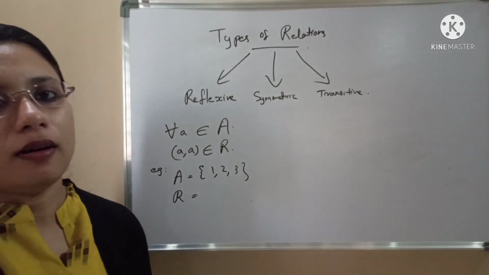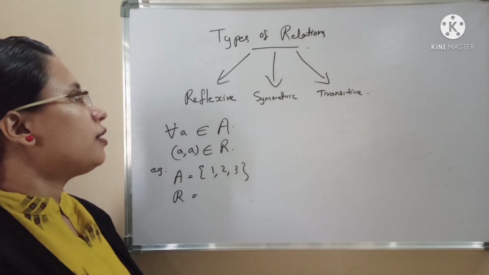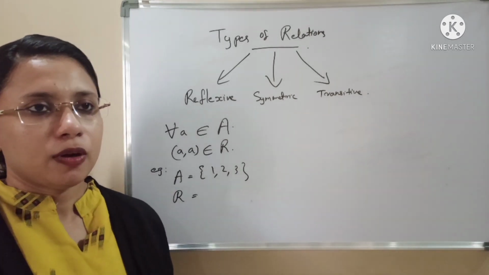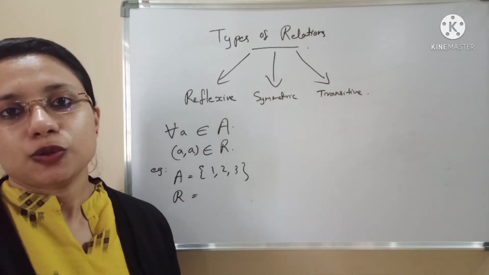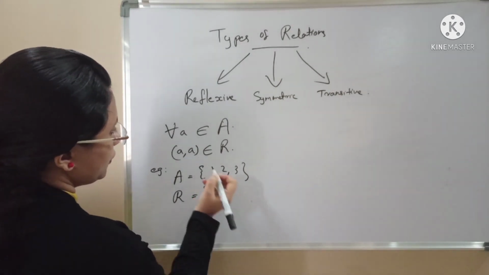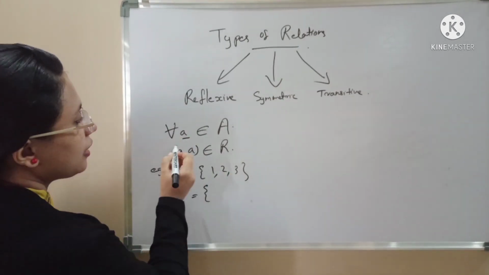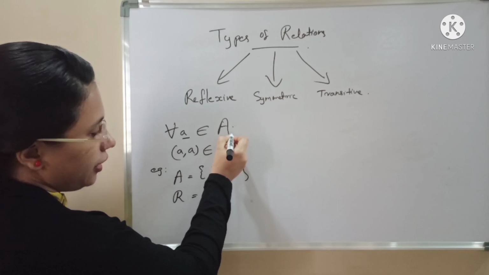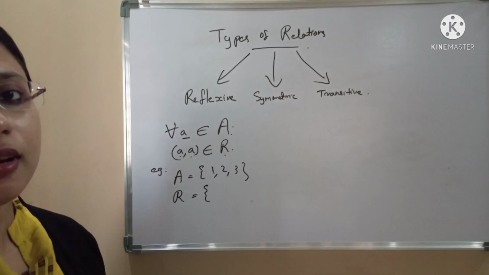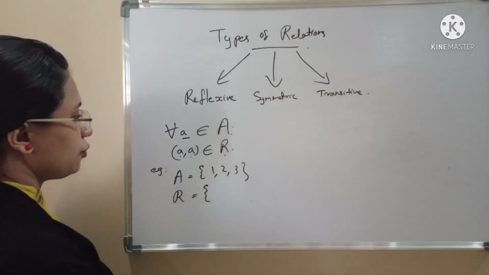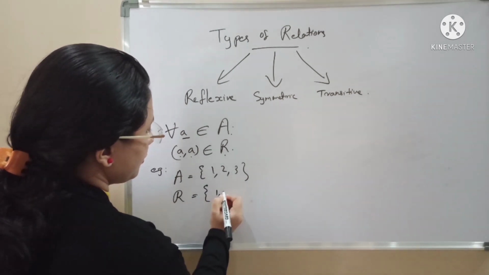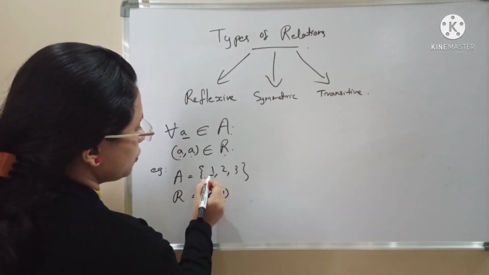To satisfy the condition of reflexive, what should be there in R? If a belongs to A, then (a, a) will be there in the relation R. So R will be: (1, 1), since this is our a.